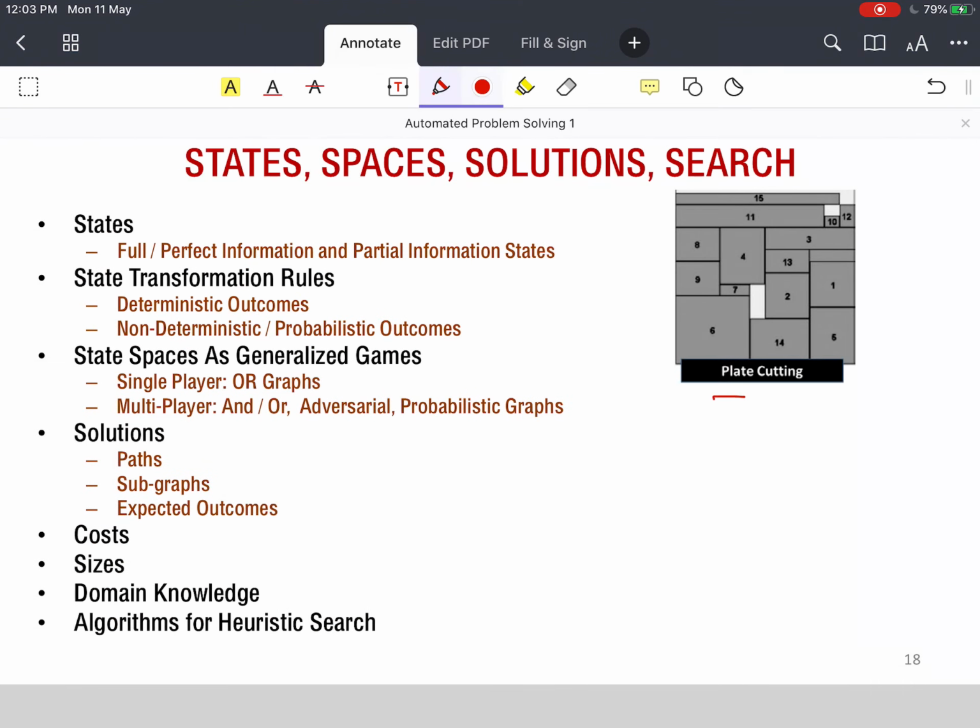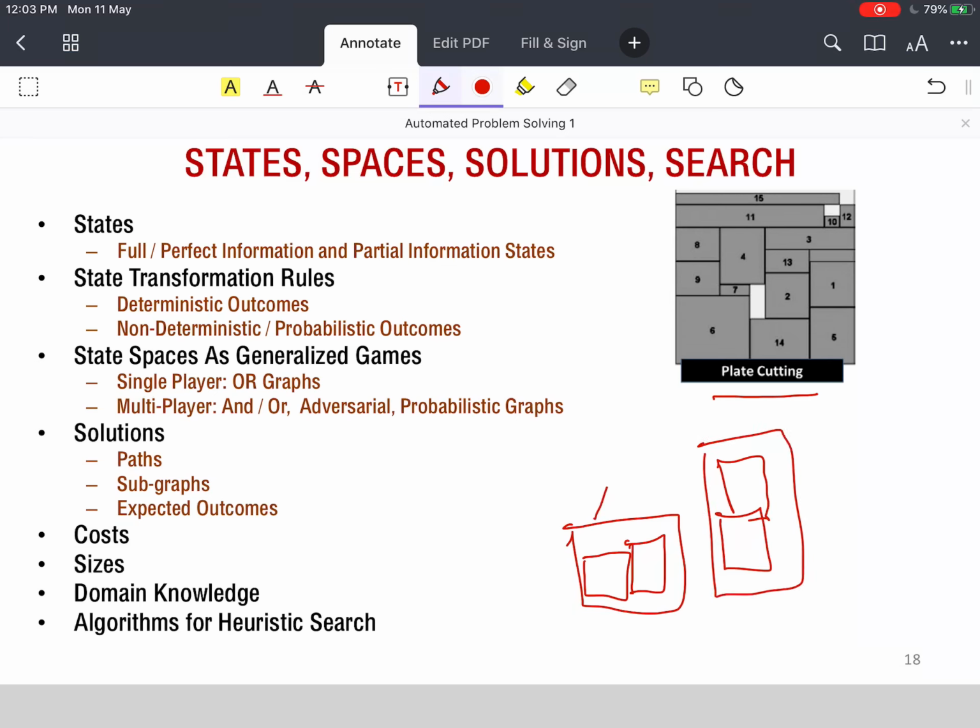Here is another problem, which is the plate cutting problem. The plate cutting problem has a set of plates which we need to combine into a sheet. And since this is a compositional problem, if I take 2 such objects into one sheet, this is one part. If I take another object and I place it like this in this sheet, this is another part.